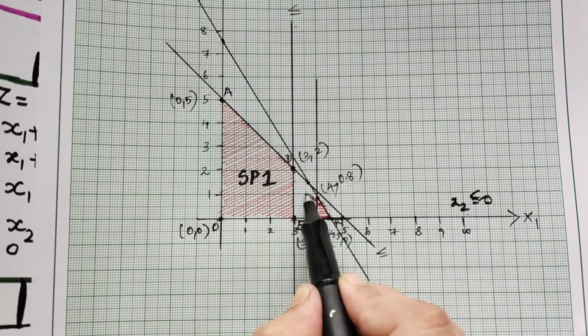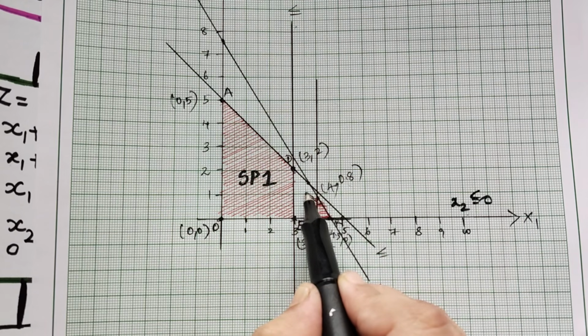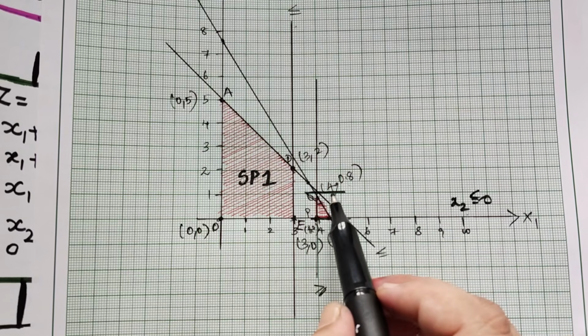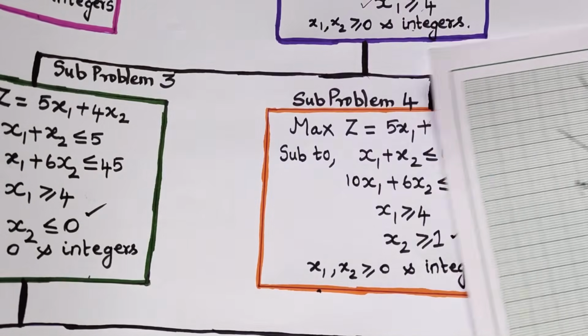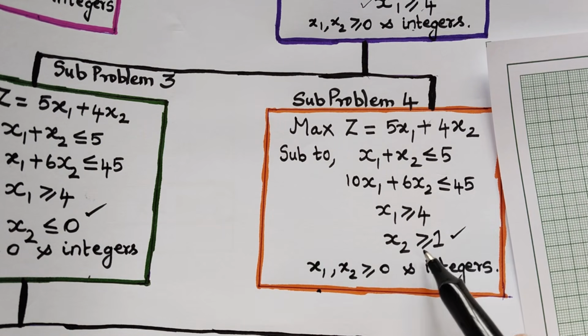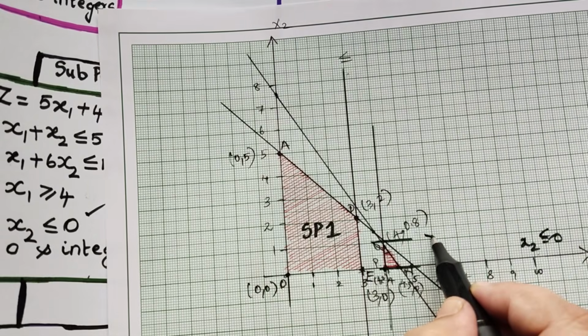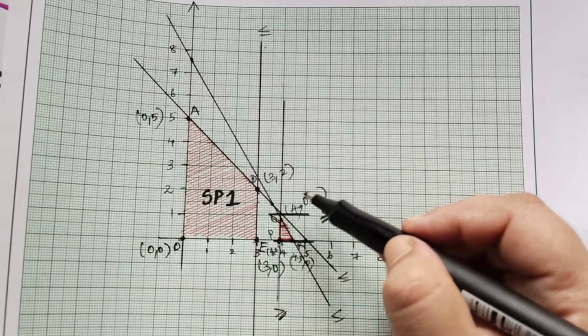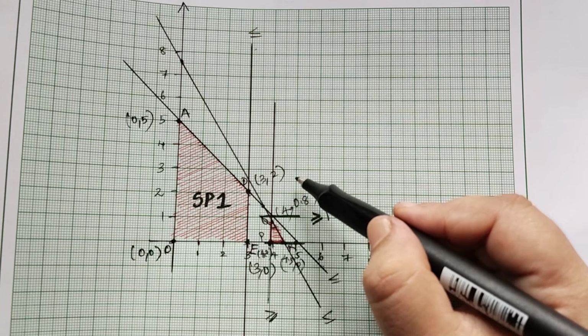The line is over here, but it is out of the required region. Since the constraint is greater than or equal to, the region is beyond this line, not below this.